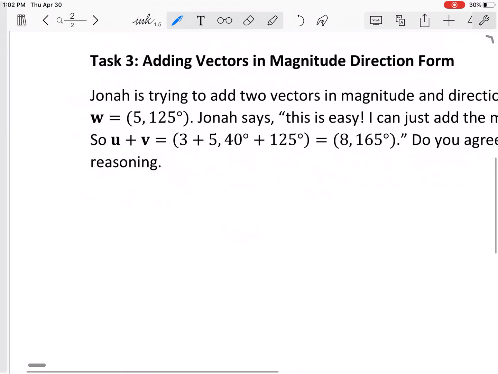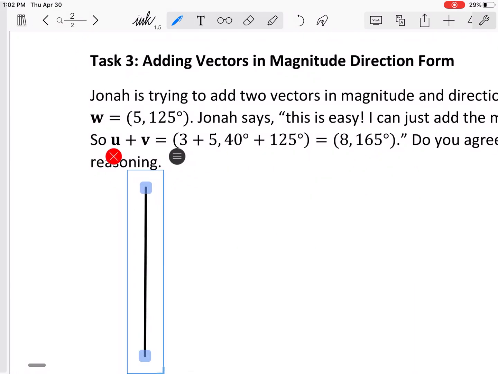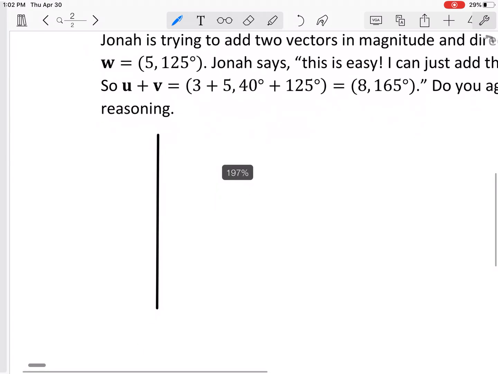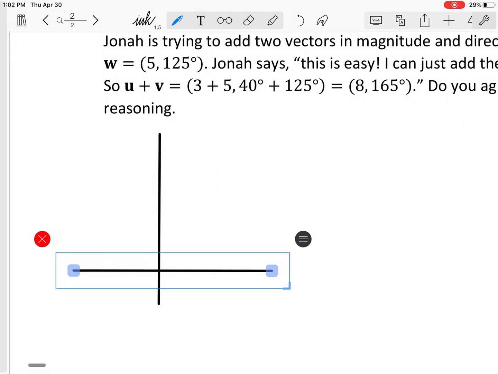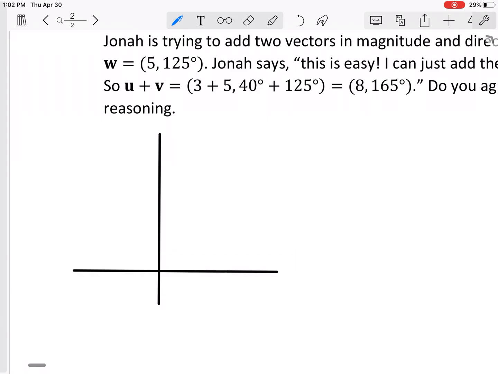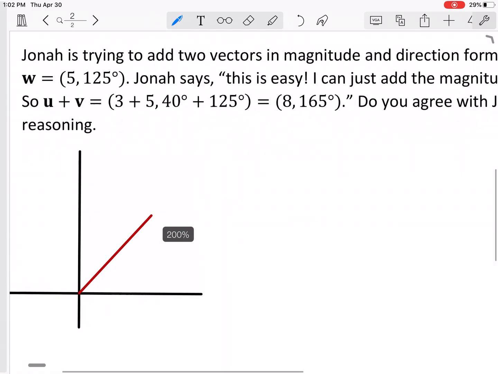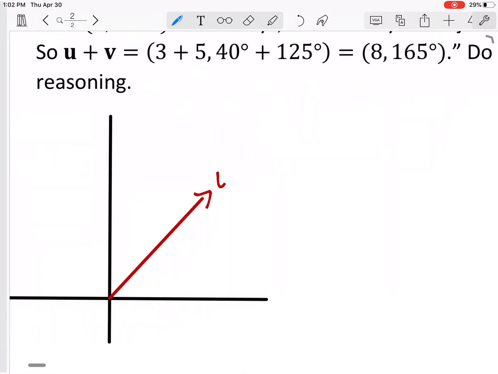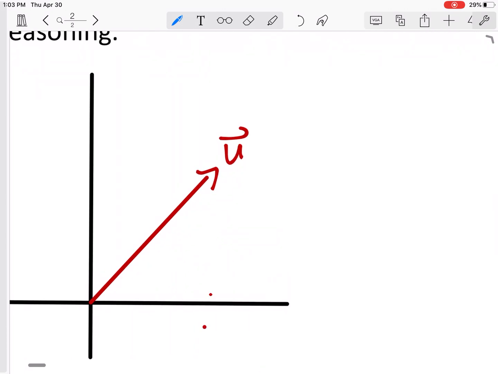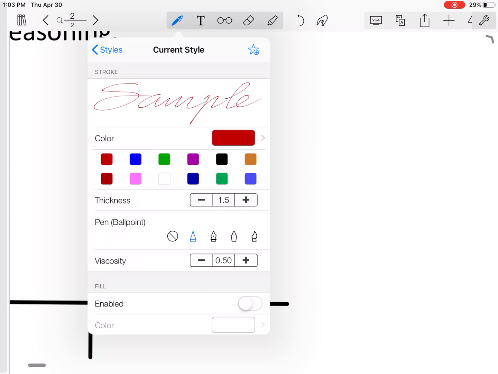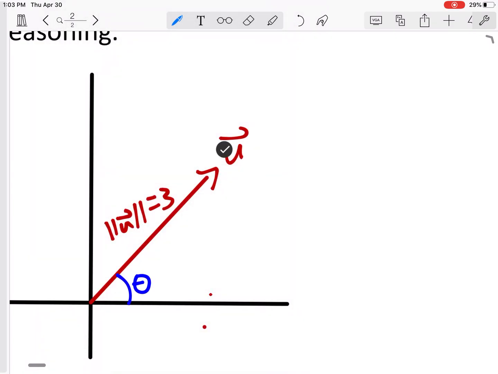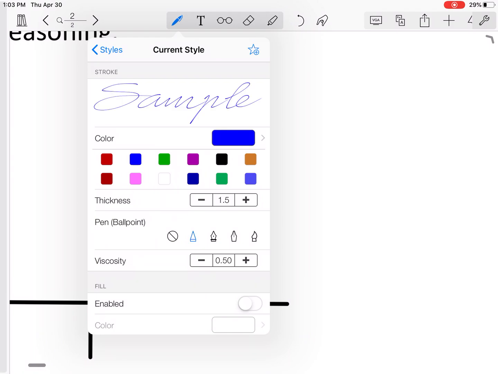Let's check it out. So again, we'll draw this. U is in quadrant 1, V is in quadrant 2. So vector V comes up to about here. It's 3, 40 degrees. Or sorry, its magnitude was 3. And its direction, I'll do direction in orange.